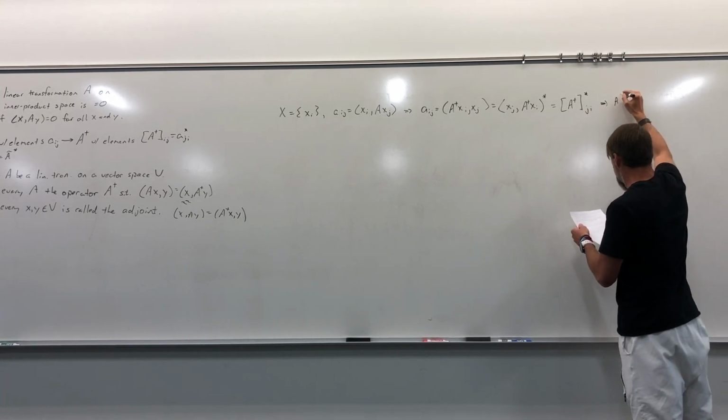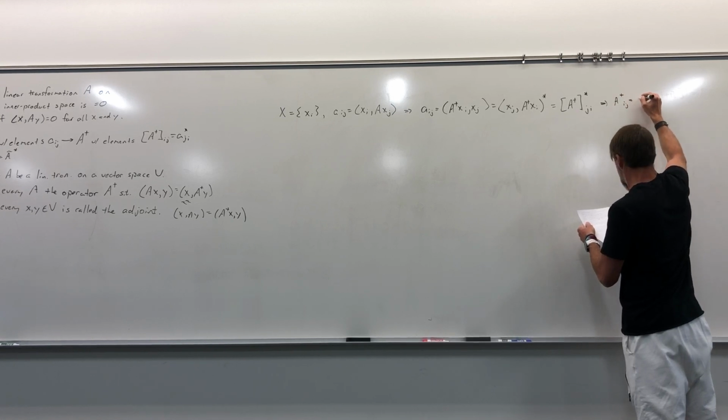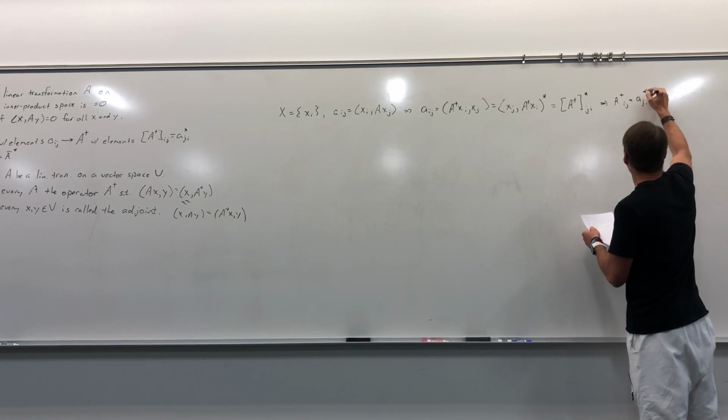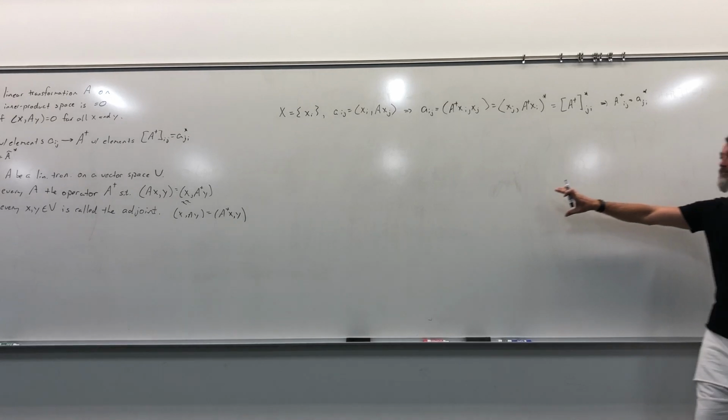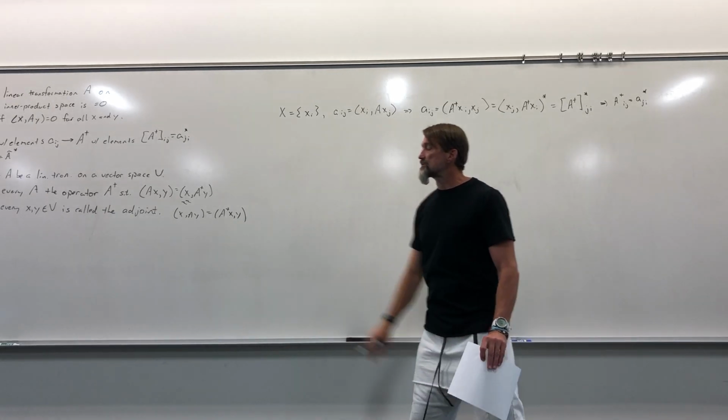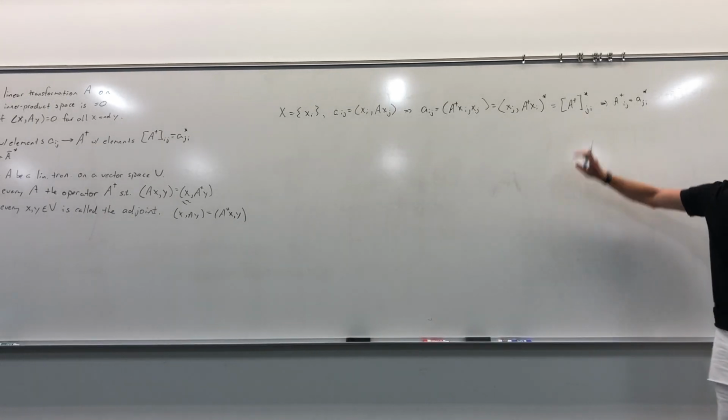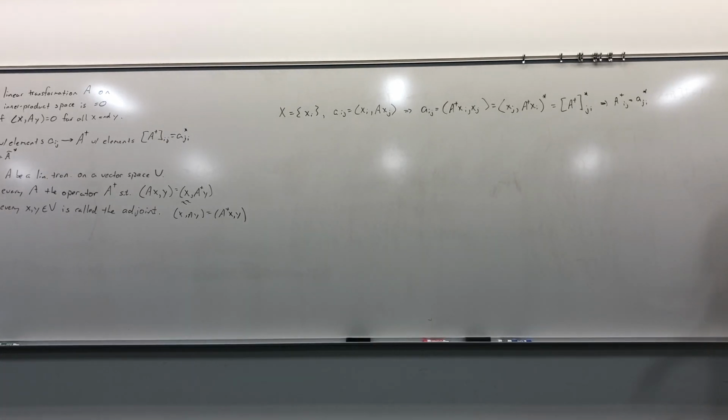So this tells me that A dagger ij is A ji star, which was our matrix definition of the adjoint. So using nothing but our formal definition of an adjoint, as promised, it includes this matrix definition.